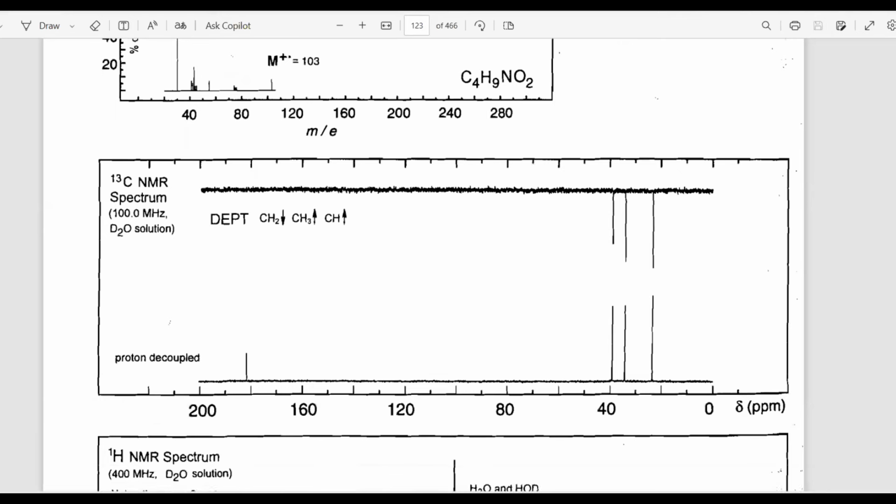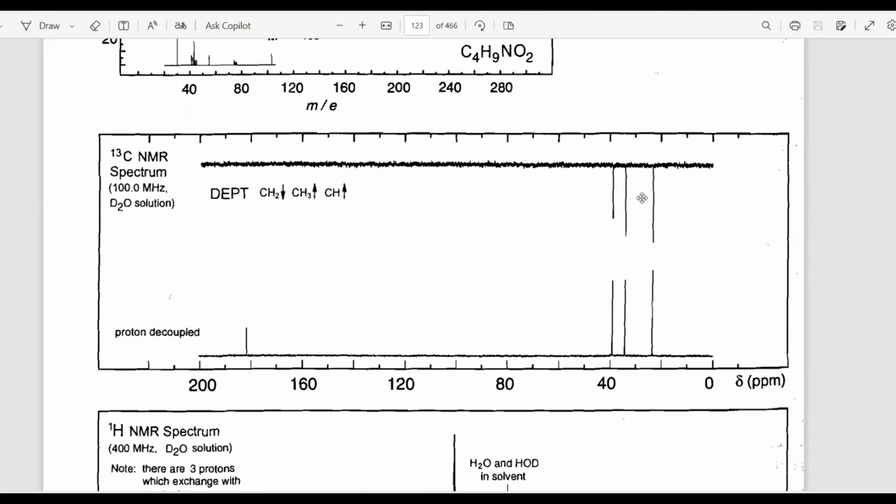Okay, now let's see the carbon 13 NMR of this compound. If you look at the carbon 13 DEPT, it is showing that all of the signals are CH2, CH2, CH2. But if you look at the proton decoupled spectra, it is showing this unknown compound contains 4 types of signals, 1, 2, 3, and this one. What about this signal?